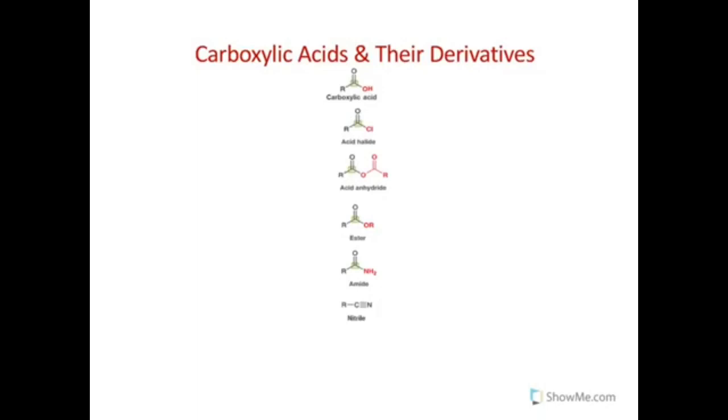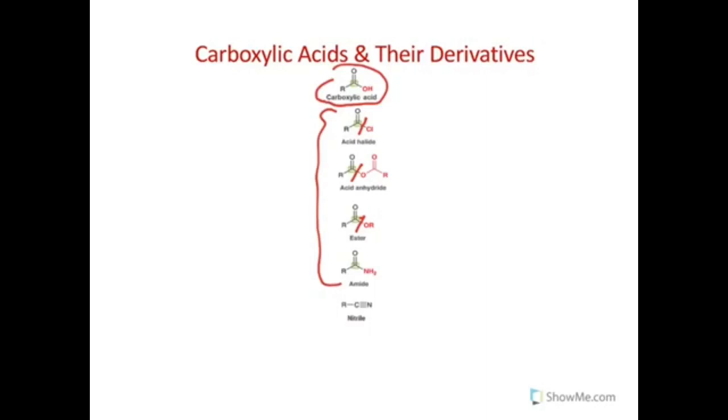Now, today we are going to focus on reactions of carboxylic acids and their derivatives. What you notice here is that the carboxylic acid and the derivatives contain leaving groups which are attached to the acyl.